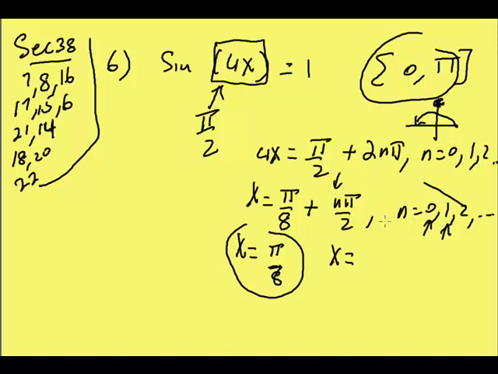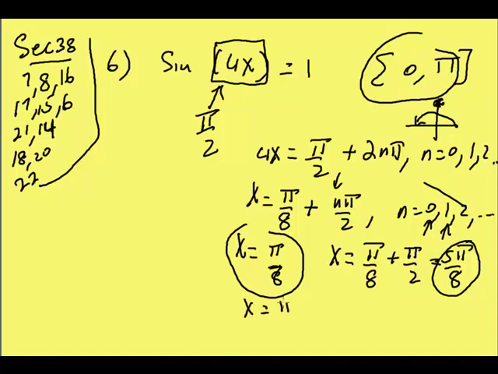Now n is 1, so I'm going to get pi over 8 plus pi over 2. Obviously my common denominator is 8, so this will now turn into 5 pi over 8. Is that less than pi? Okay, we keep it.